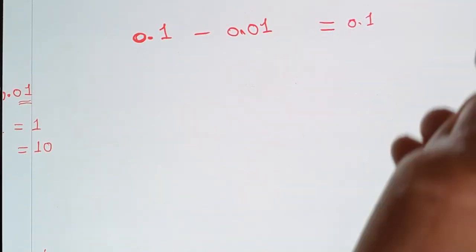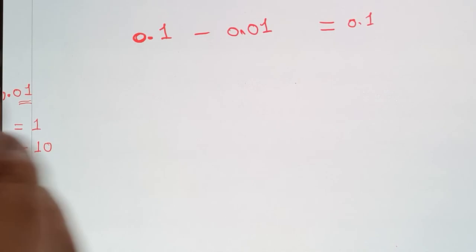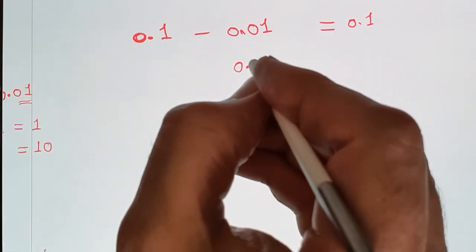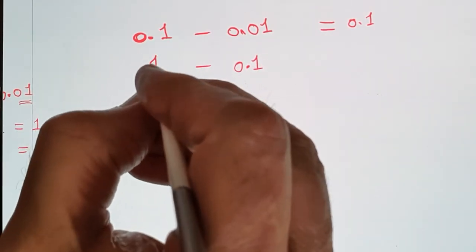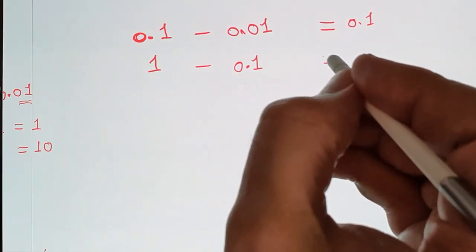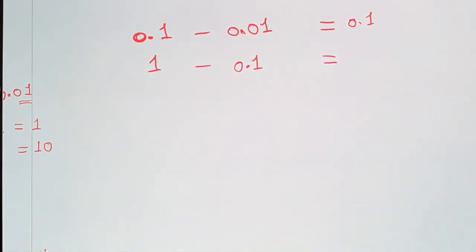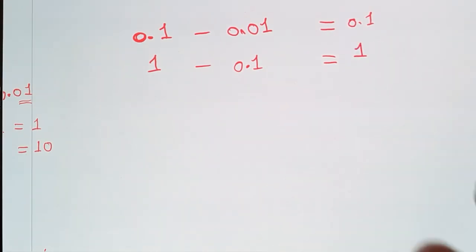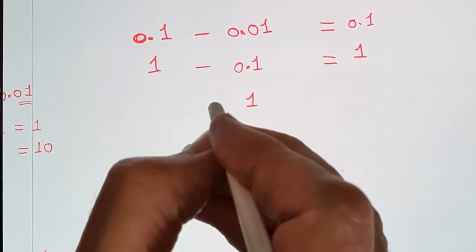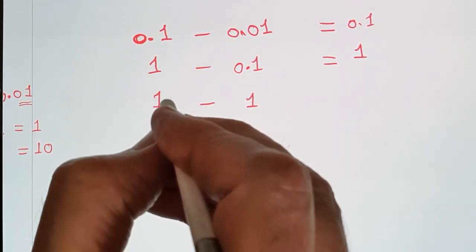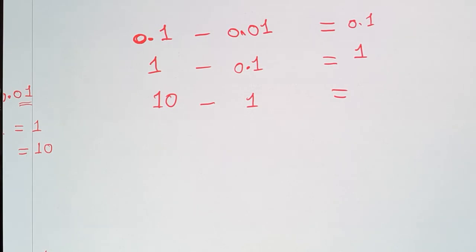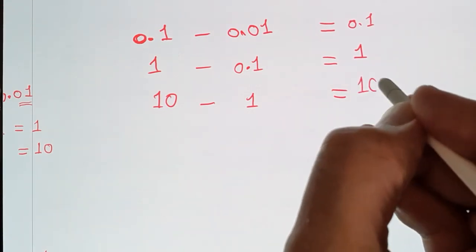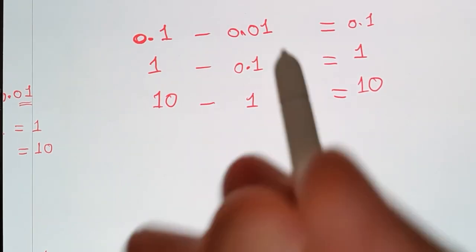Yeah, but be careful, because there is 1 decimal place. What's the rule? Here there are 0 decimal places. The answer is 1. Then 10 minus 1? That's 9. I say it's 9. The answer is 10, but this is the rule.